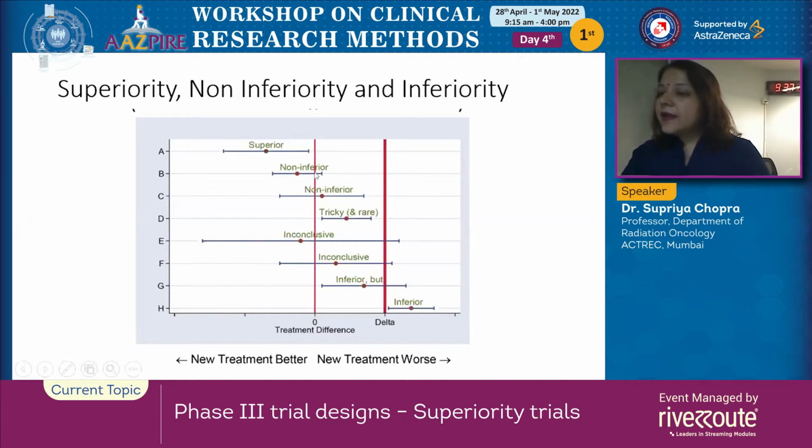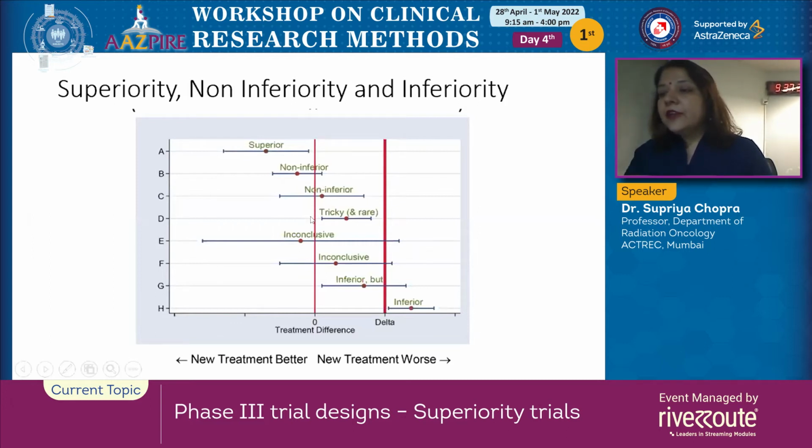And then there can be other interventions. You can see that B, C are crossing this zero line, but they are not exceeding the dark red line on the other side, right? So we cannot infer that treatments B and C are superior. Why? Because their 95% bounds are straddling the zero line.